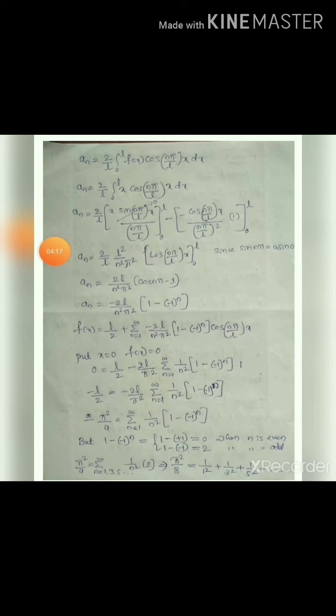Now calculate a n, that is equal to 2 by L integration 0 to L f of x cos n pi by L x dx. Now fill the value of f of x, it is x. Therefore, a n equal to 2 divided by L integration 0 to L x cos n pi by L x dx.